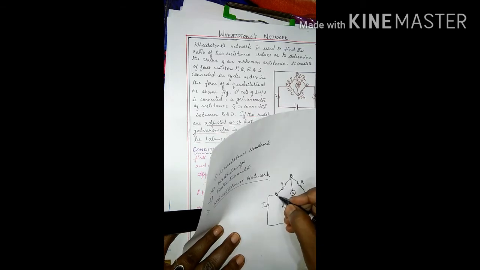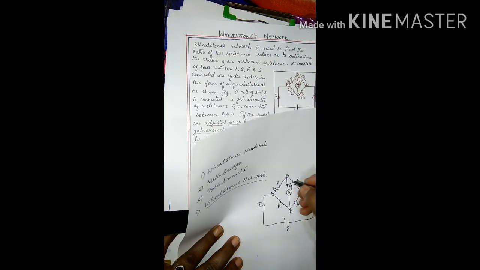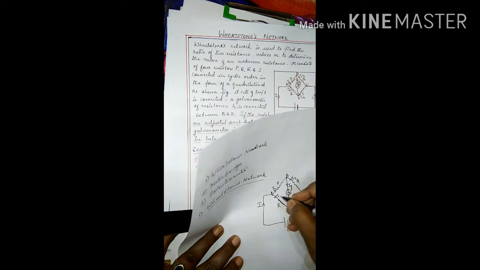Here from A to B, we'll say the current flowing is I1, and from B to D it is going to the galvanometer, hence we will say this as Ig, and this I3 from B to C, from C to D. So from here, from A to D, we will take it as I2.